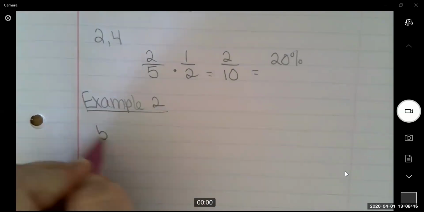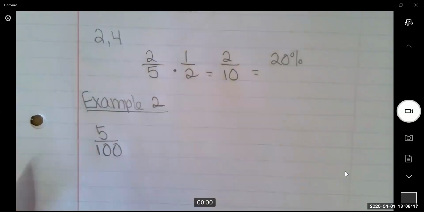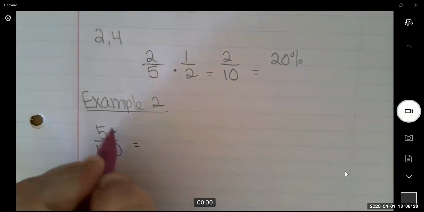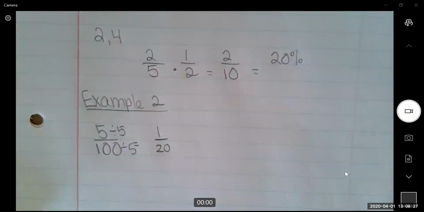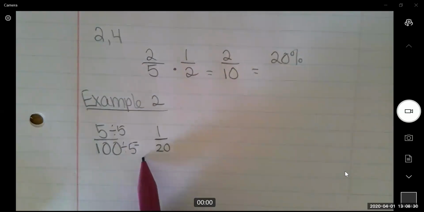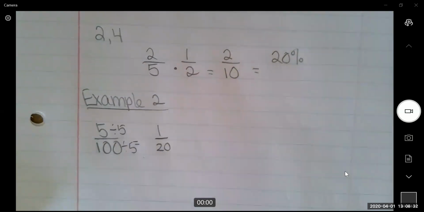So there's 5 relatives out of 100 people in the audience. So we're going to simplify this to 1/20th. This is event A.